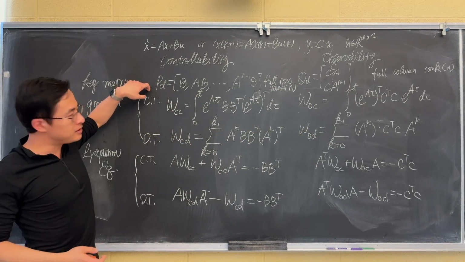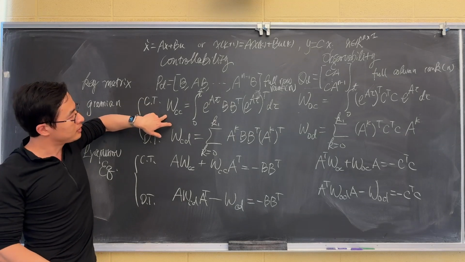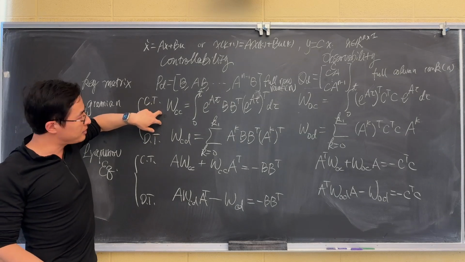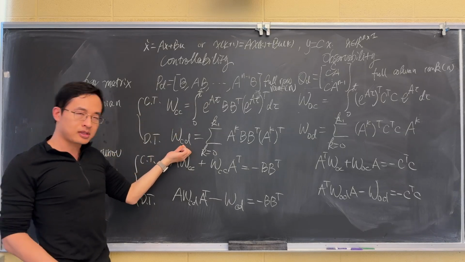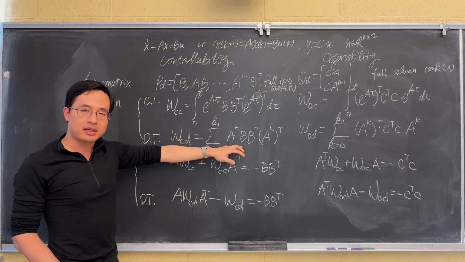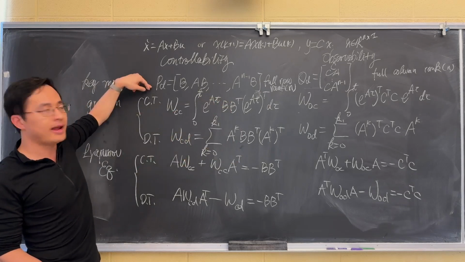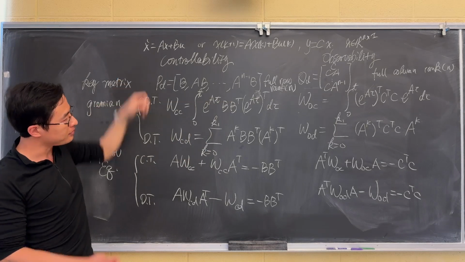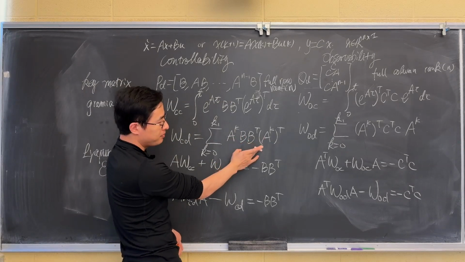The controllability and observability can also be judged from the Gramians. There are two versions of the Gramians. For the controllability Gramian, we start with the discrete time case. It again relates only to A and B, it doesn't relate to C, because the Gramian relates to the P matrix, and it has a symmetric form.